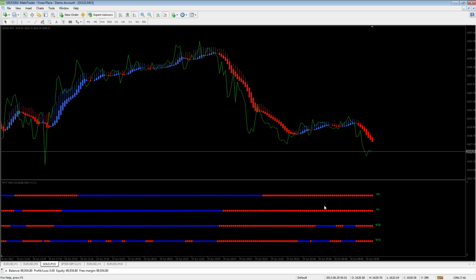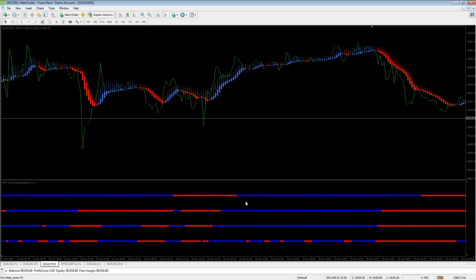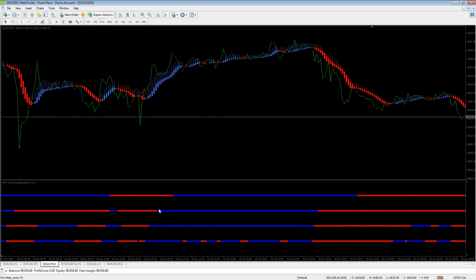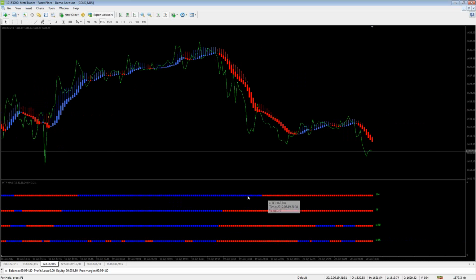I remind you, the longest time frame, in this case the 4-hour time frame, is always the slowest, so it will always change color last. For example, here they all turned blue, and here it changed to blue only after a couple of hours. Here they turned red, and the 4-hour chart took a few more hours until it turned red again.